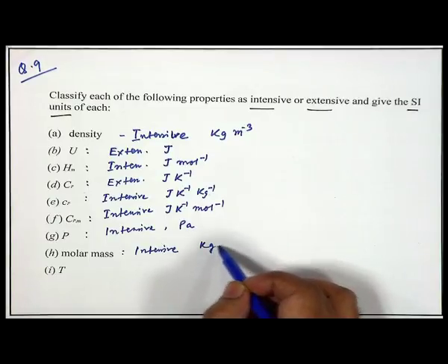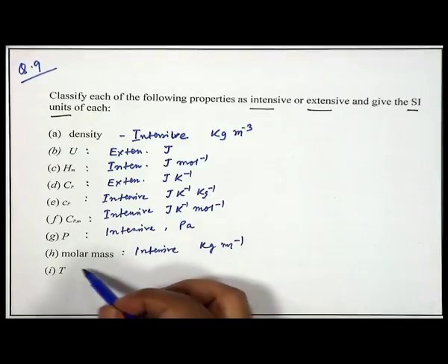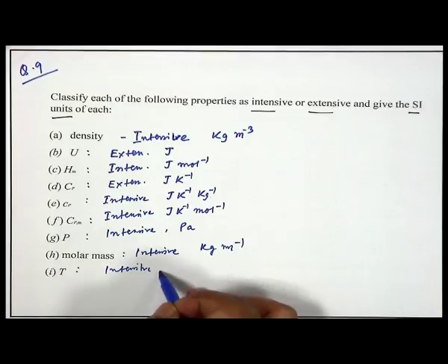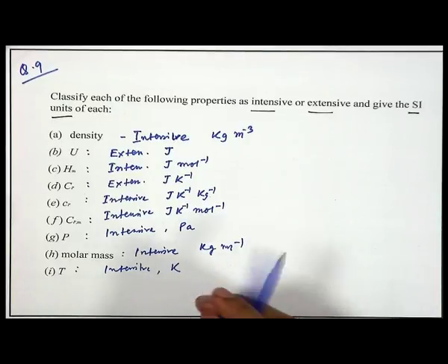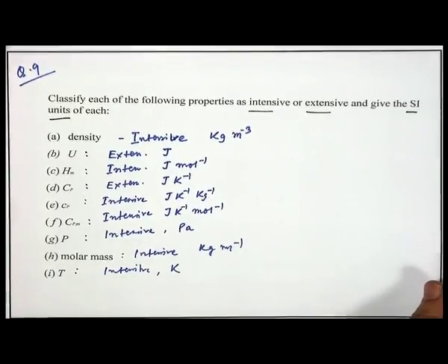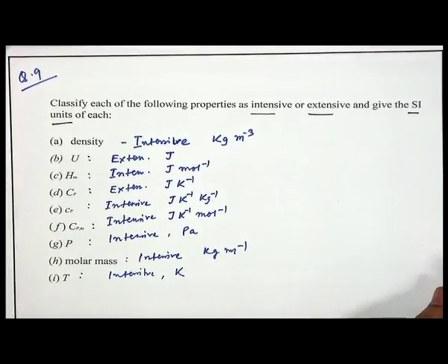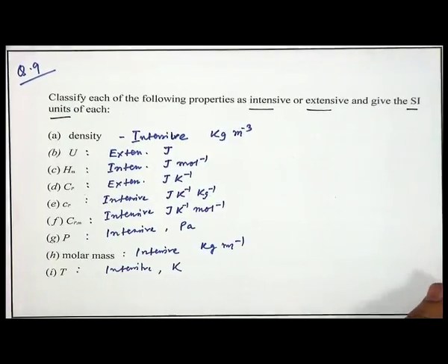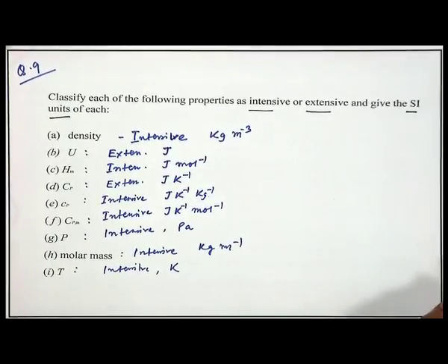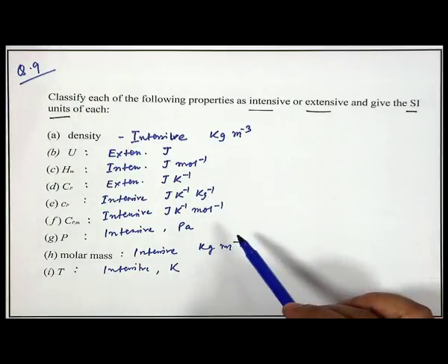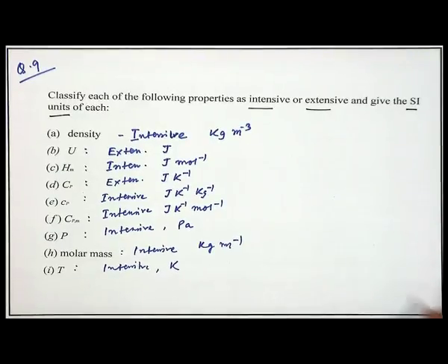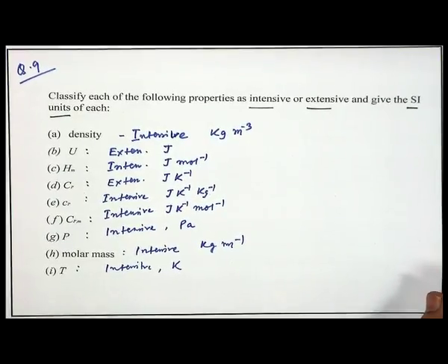So, it is kg per mole, and temperature is of course an intensive quantity, and the SI unit is Kelvin. So, to recap, we did an exercise to find out which is an intensive quantity and which is an extensive quantity, and as I said, you must be very careful about the units. When you solve numerical problems, if you write the units properly, you are bound to get the final answer right.